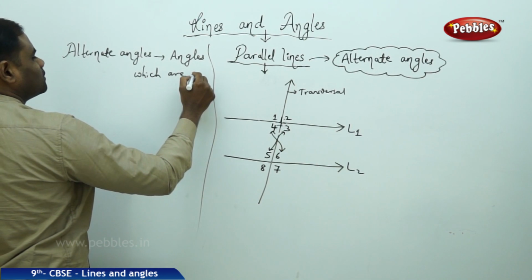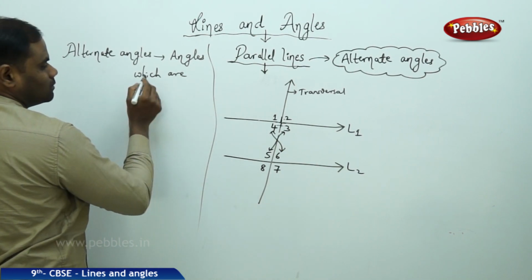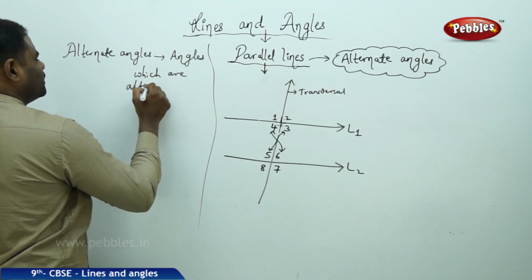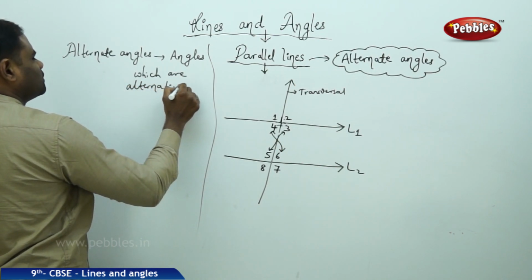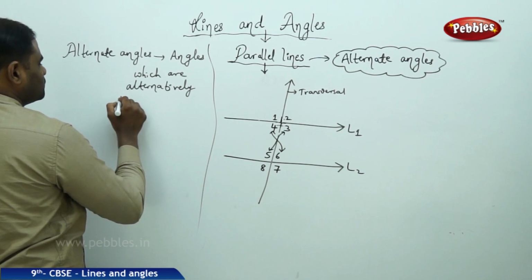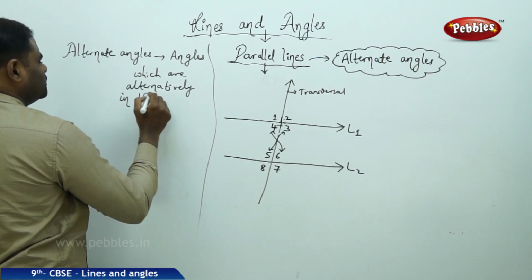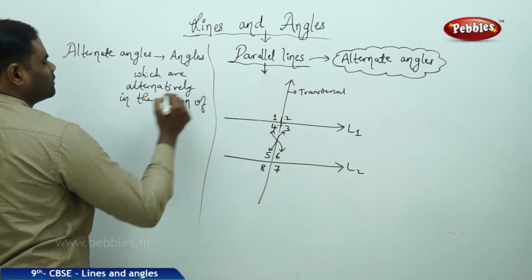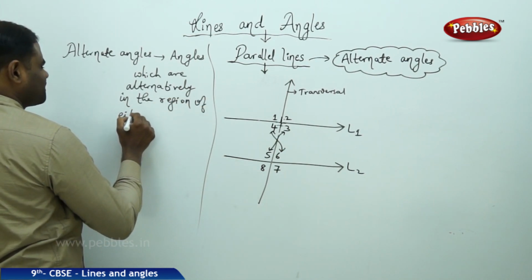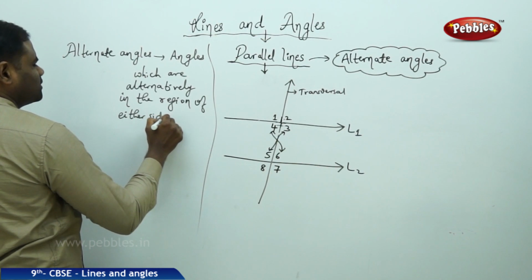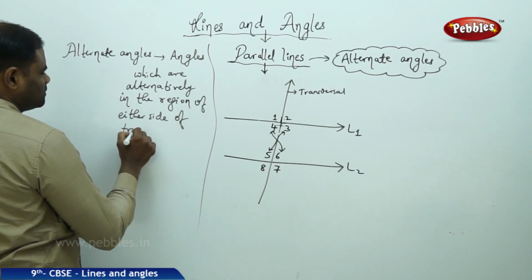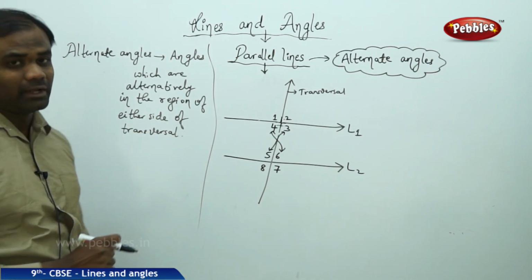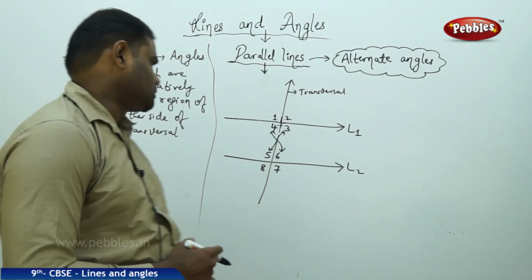which are alternately in the region on either side of the transversal, is what we define as alternate angles.